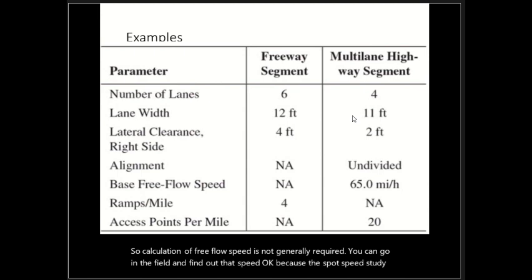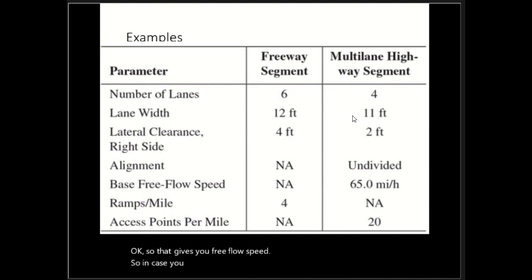That gives you free flow speed. In case you cannot do it, we looked at some equations, one for freeways, the other one for multilane highways, and there were some factors in those equations. Those factors included lane width, lateral clearance, ramp density, access point density, median type, and so on and so forth.